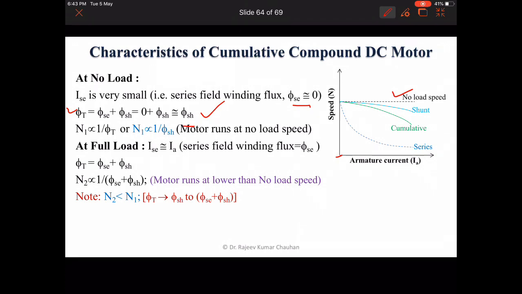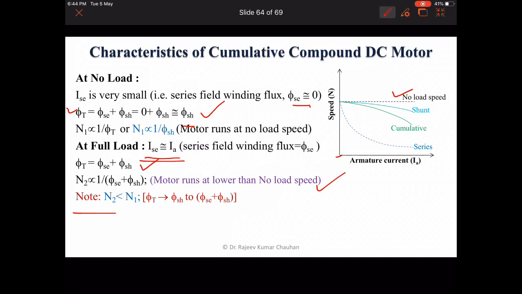At full load, ISE is equal to the armature current, or very close to it, and the series field winding flux is phi se. So, the value of phi t will be phi se plus phi sh, and N2 is proportional to 1 upon phi se plus phi sh. The motor runs at a lower speed than the no load speed, because as the flux increases, the speed decreases, since speed is inversely proportional to the flux.